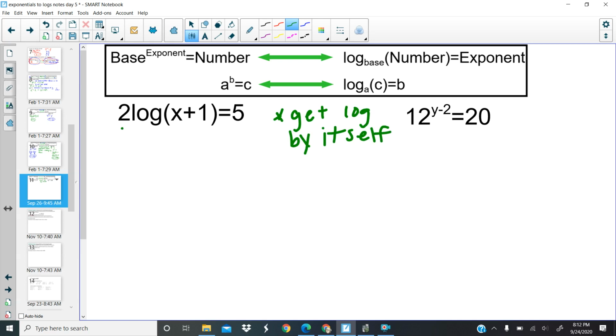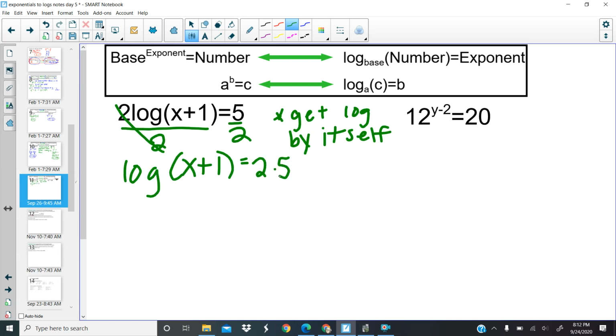So that means I need to divide by that 2 on both sides. So then I'm going to have log of x plus 1 equals 5 divided by 2, which is 2.5.